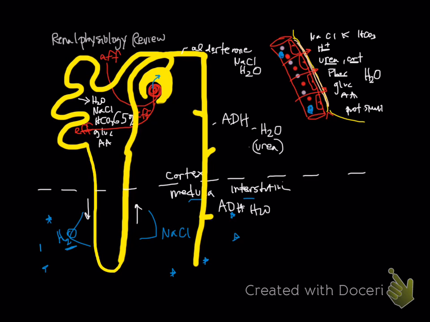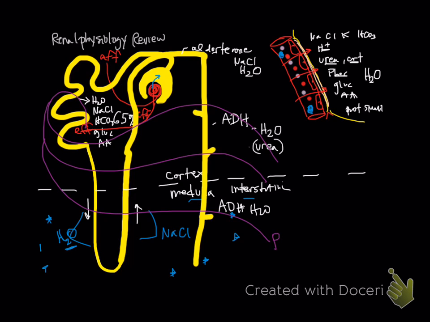So another thing that happens with the efferent arteriole is that it branches off into small capillaries, and these traverse the various parts of the renal tubule. And these are called the peritubular capillaries. And their job is to actually reabsorb all of the good things that the kidneys have actively reabsorbed from the filtrate.